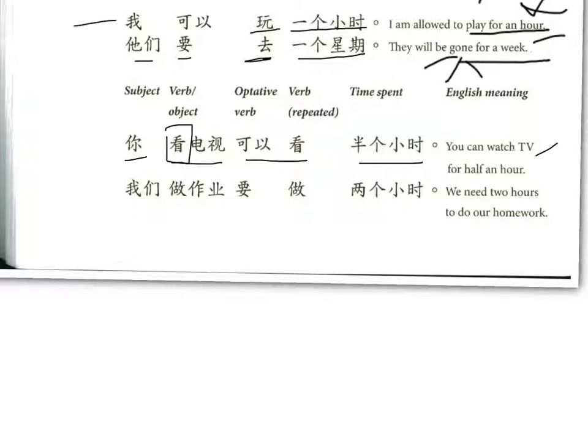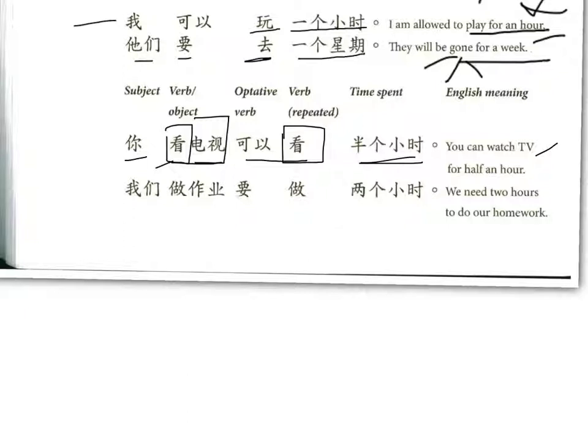Here we have the verb appearing the first time, 你看电视. Now, the verb 看 here has an object. The object is 电视, or TV. So typically, when you have an object, you have to repeat the verb again. So the verb is repeated here: 你看电视可以看半个小时.